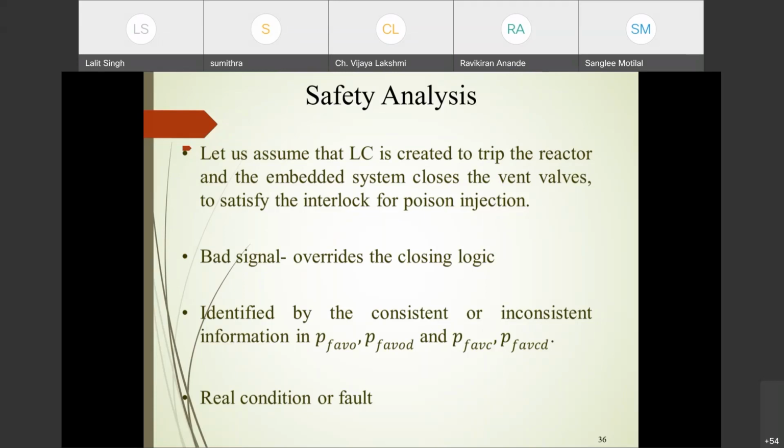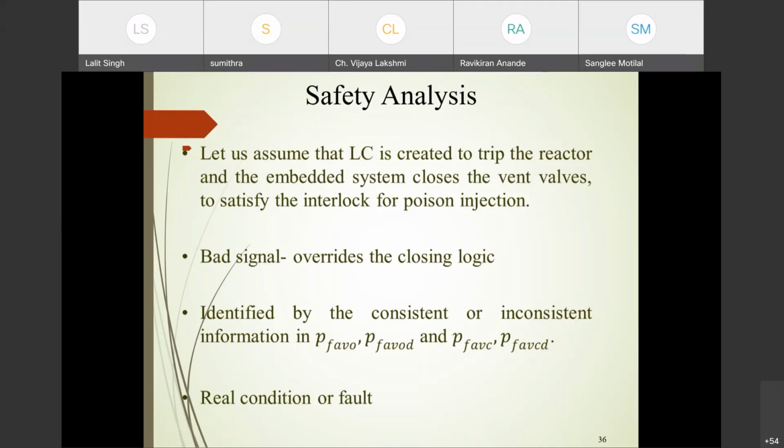So how can it be identified? First, it can be identified by consistent or inconsistent information in VFAVO and its duplicate sensor, because the same attack on both the redundant lines is next to impossible.